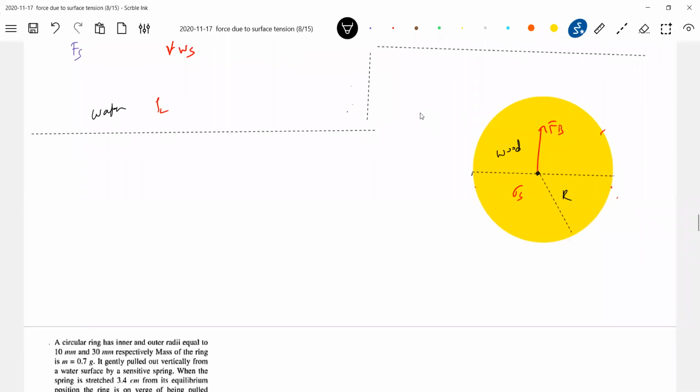There's an iron sphere. So the mercury free surface will be like this. Now it is floating. So the weight of the solid will act here, and the force due to surface tension will act in this direction. And we know what that is.